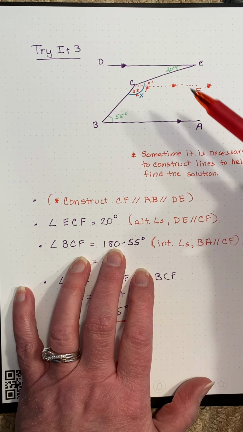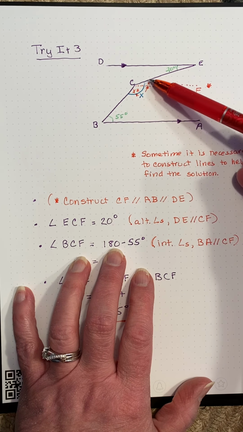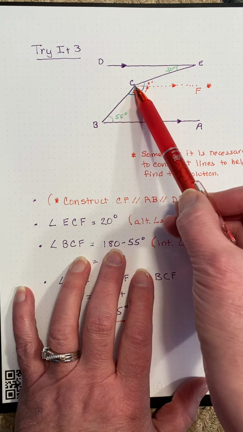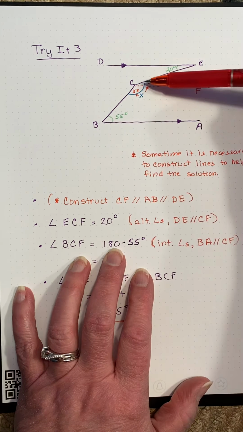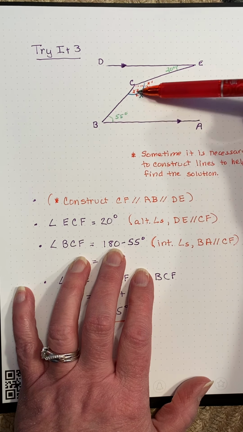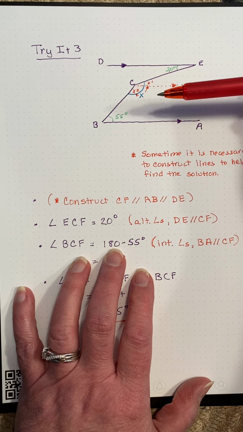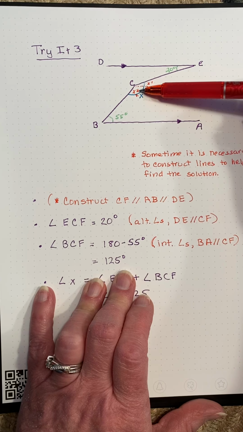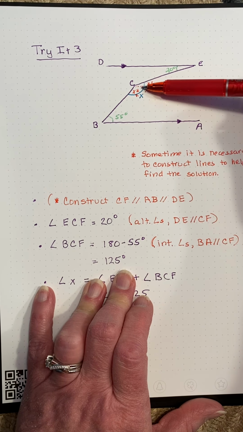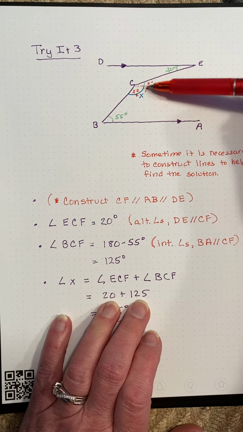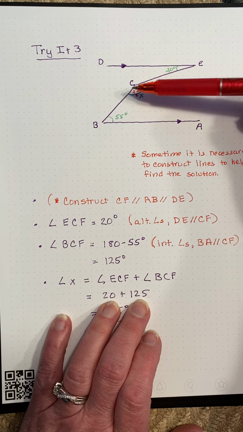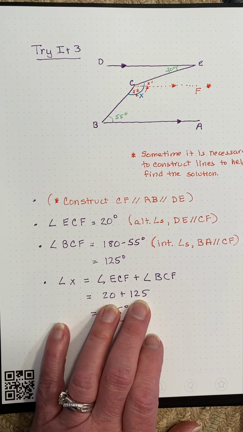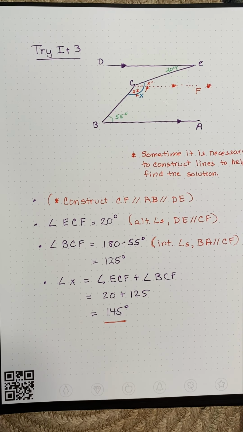Now, how do I do that? Well, interior angles, which this and this are, this part and 55 are interior angles, and that property says they are worth together 180 degrees. So 180 minus the 55 gives me 125 degrees right there. So to find out the total measurement of the entire angle X, I simply add 20 degrees plus 125 degrees, and I have 145 degrees.